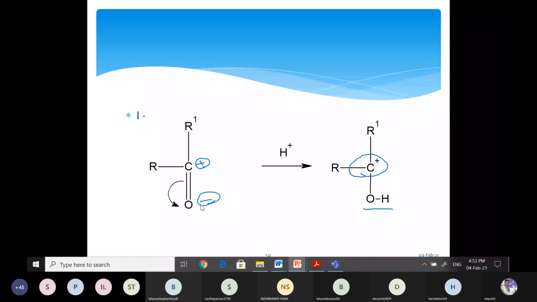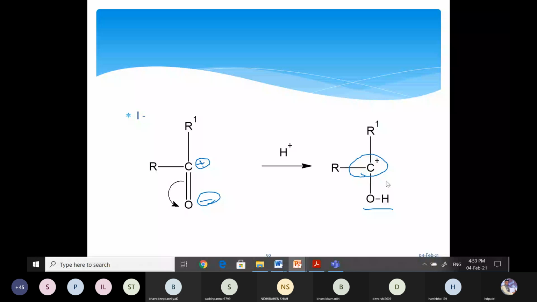When this oxygen pulls electron, it becomes negative, and carbon, giving electron, is positive. So H plus will bind with this, and as a result we will get OH, and we are having a carbocation.